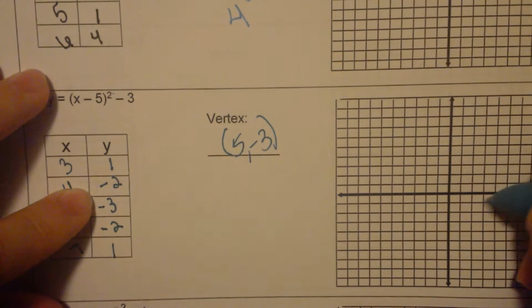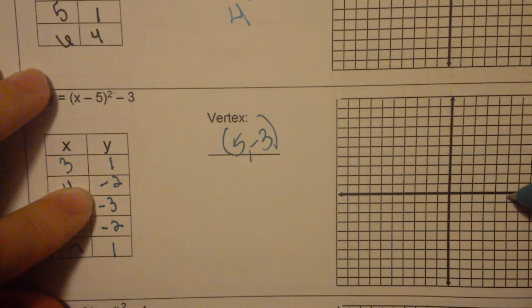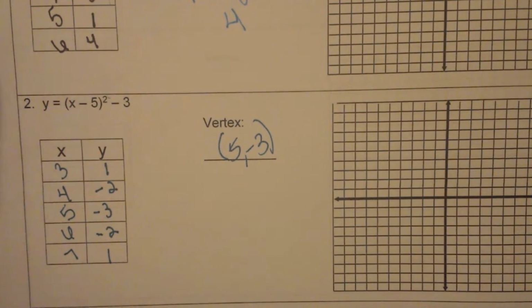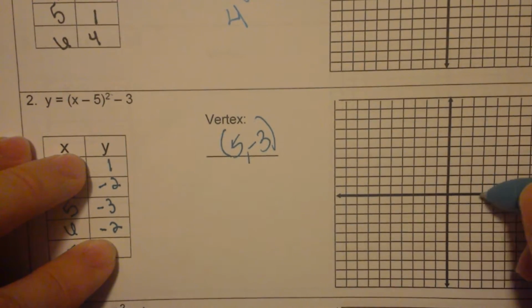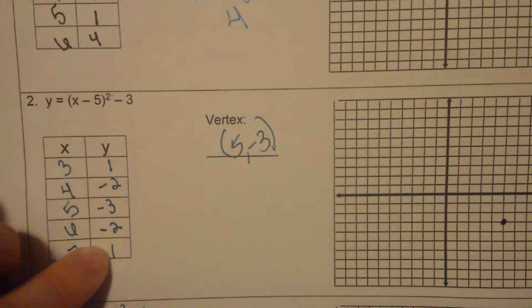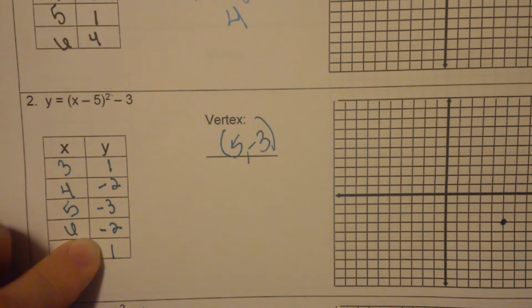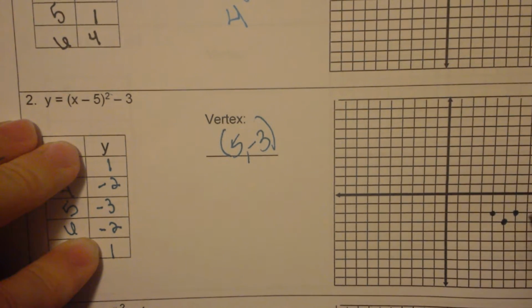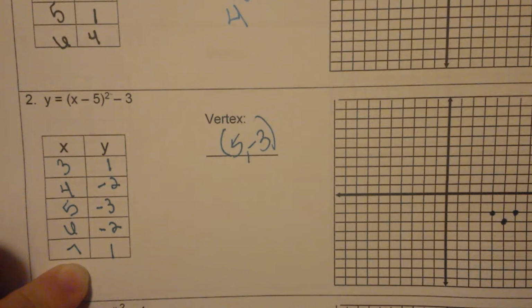So 5, -3. And then 6, -2, and 4, -2. And then 7, 1, and 3, 1.